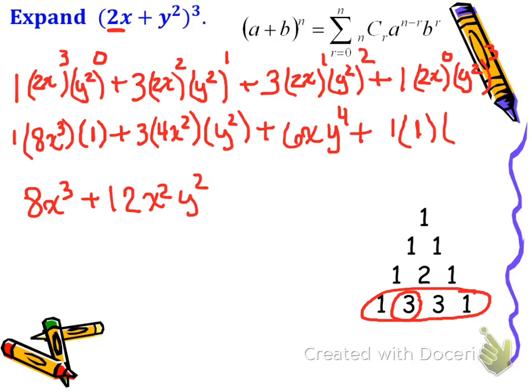And then we have y squared raised to the 3rd power. We multiply the 2 times 3, and end up with y to the 6th power. So you end up with 1 times y to the 6th. So we have 8x cubed plus 12x squared y squared plus 6x y to the 4th plus y to the 6th.